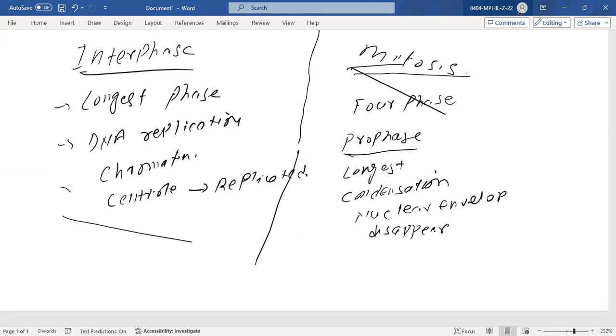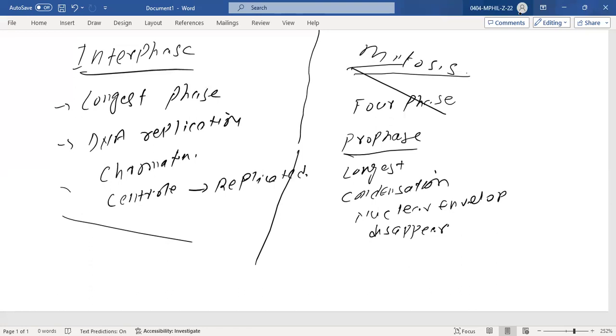Yes, you can add. I said already that the nucleus is ultimately going to disappear because the nuclear envelope is no more. You can add it here, but that's not the major event. That's the ultimate event because of the nuclear envelope. Because the nuclear envelope is going to disappear now.